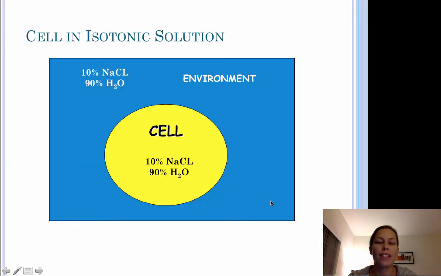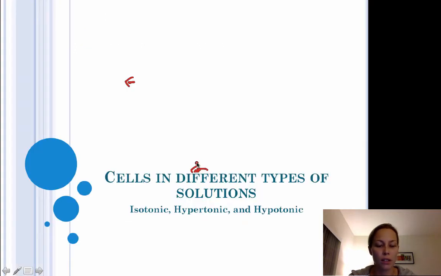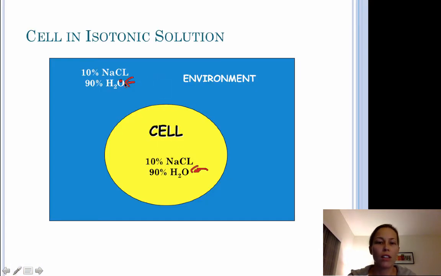So here we have a cell in an isotonic solution, and what we notice is that the water concentration in the environment is equal to the water concentration inside the cell.